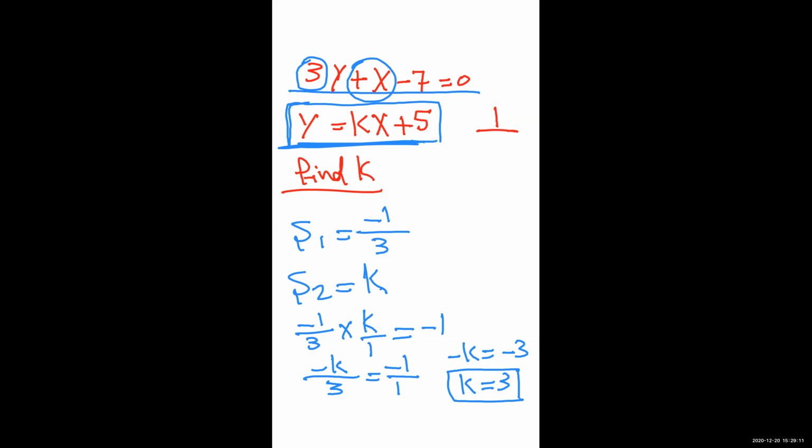Okay, great. The next question. Find the measure of the positive angle which is made by the straight line whose equation is 3x minus 3y plus 5 equals 0 with the positive direction of the x-axis.